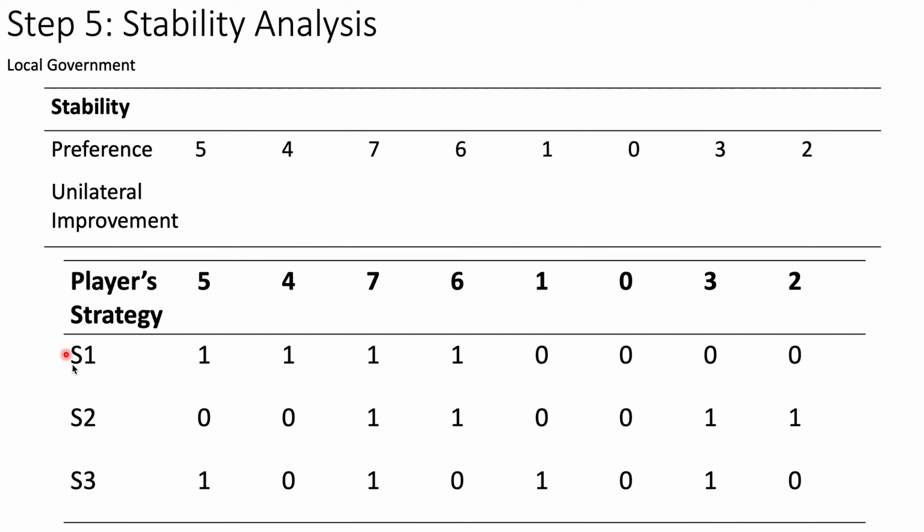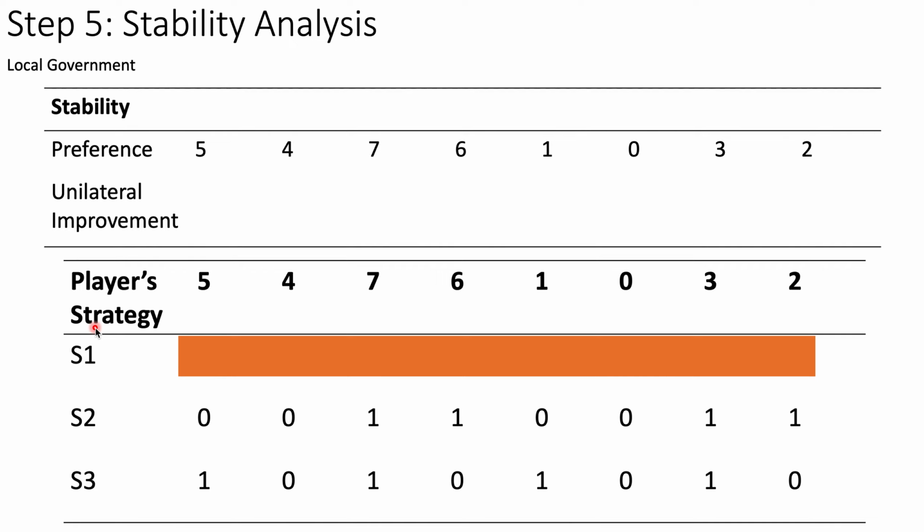On S1, the strategy of local government, you close it. Because we will fill the unilateral improvement for preference 5, you see which of these scenarios have the same S2 and S3 as scenario 5. So we want to find another scenario that has exactly 0 and 1, and that would be scenario 1, because it has the same 0 and 1 on S2 and S3.